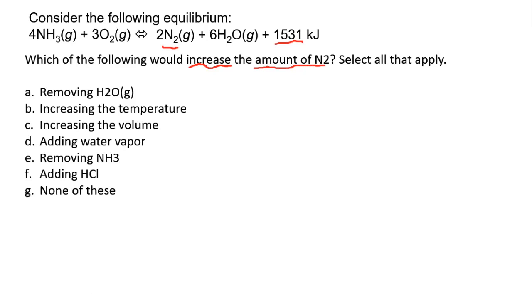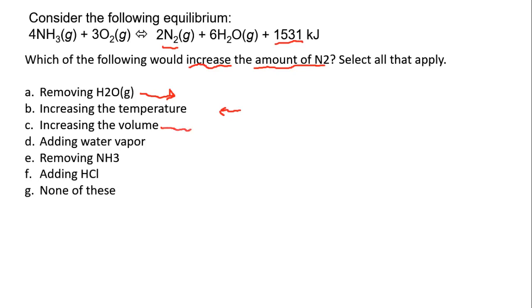So if we remove H2, H2 is a product, it's going to shift to products. If we increase the temperature, this is an exothermic reaction, we're going to be adding heat. It's going to shift to reactants. If we increase the volume, it moves to the side with more moles of gas. So there's 8 on the product side, 7 on the reactant side.